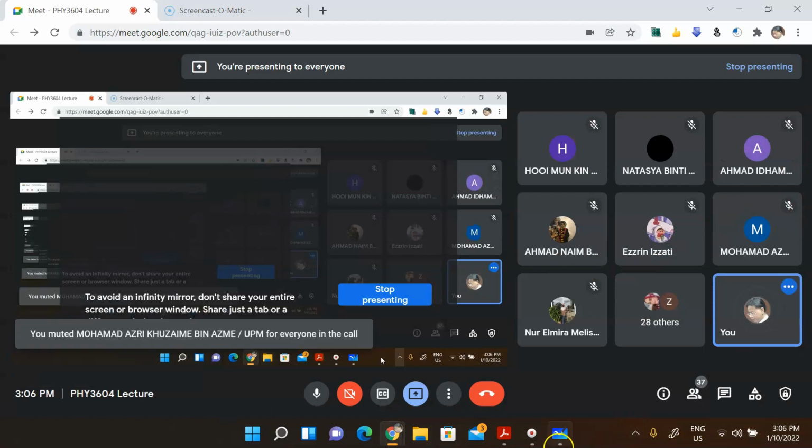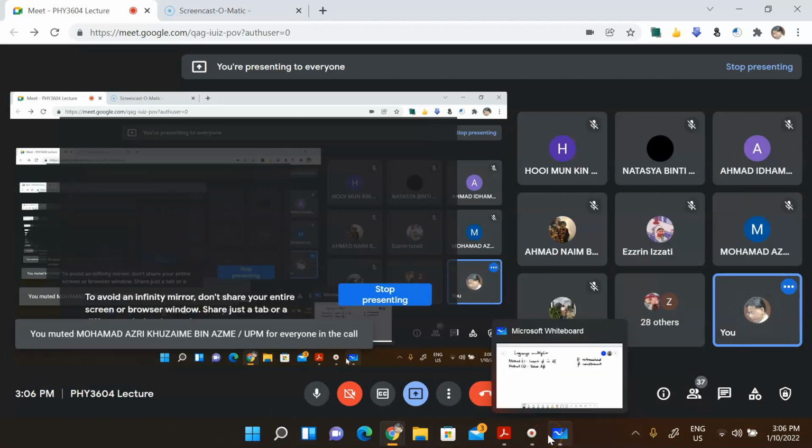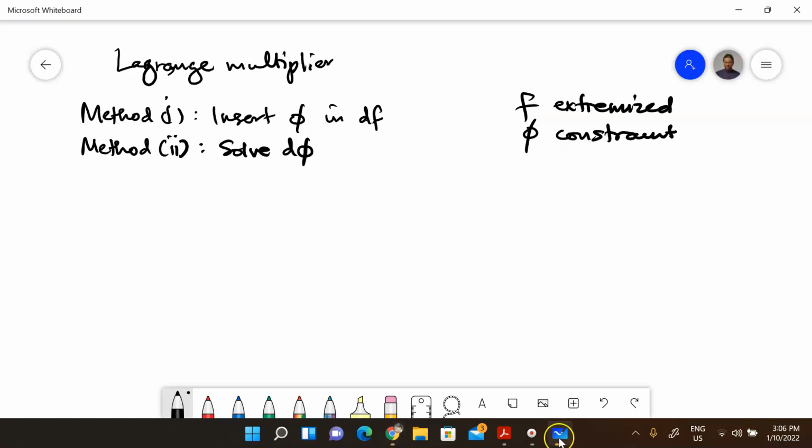Okay, so let's go back. Here we reframe this third method in such a way that f is the extremizing function and phi is a constraint. What's the difference between the three methods? In the first method, we put the constraint into the derivative or the differential.